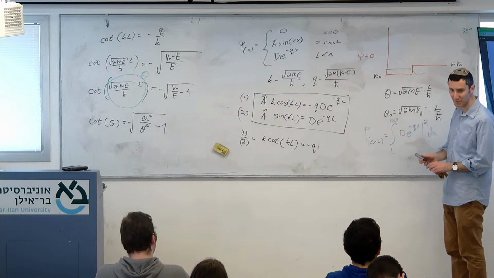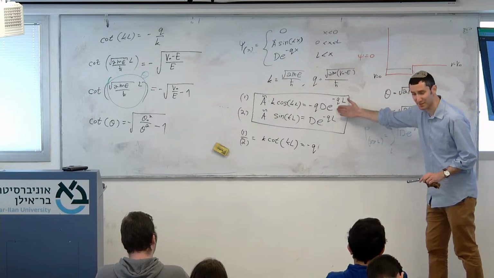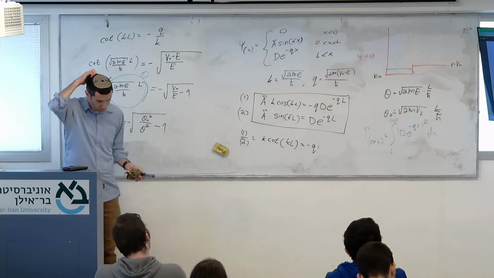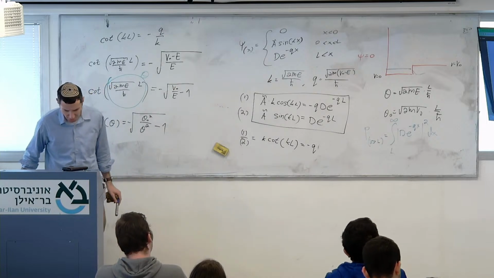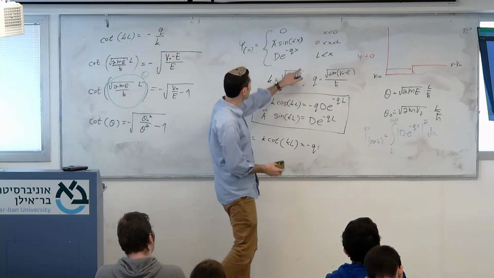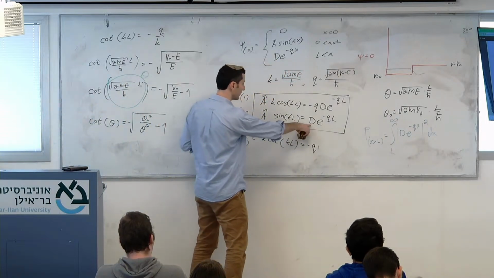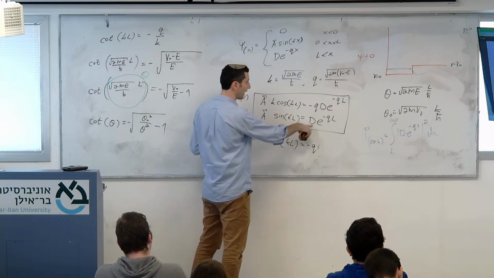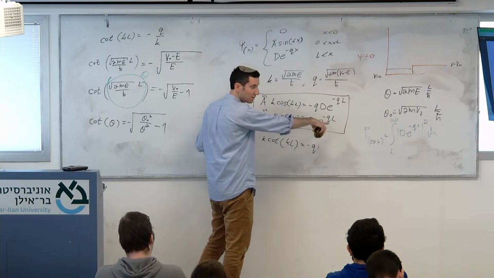How do you find d? Well, we have this. Instead of d here, I can write a sine kL times e to the plus qL.